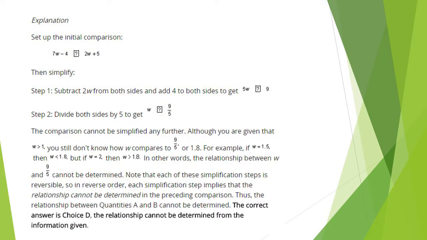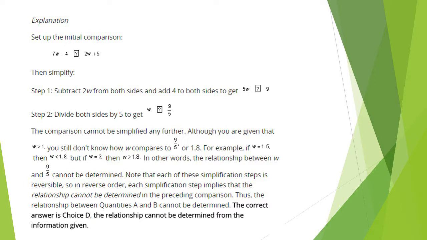The correct answer is choice D. The relationship cannot be determined from the information given. To solve this problem, set up the initial comparison: 7W minus 4 is greater than, less than, or equal to 2W plus 5. Then simplify.